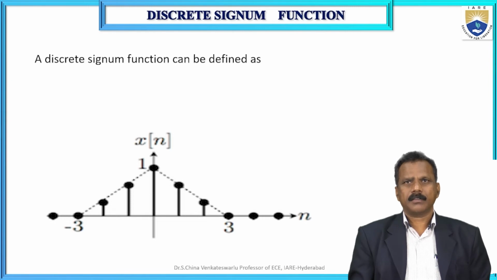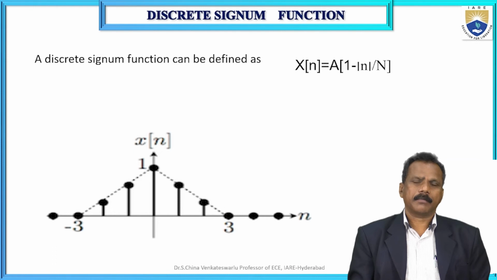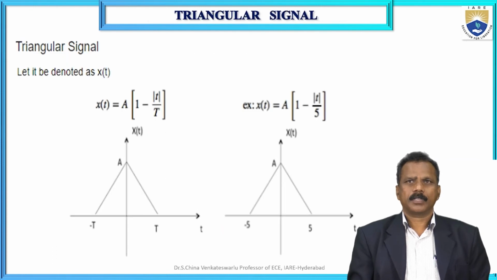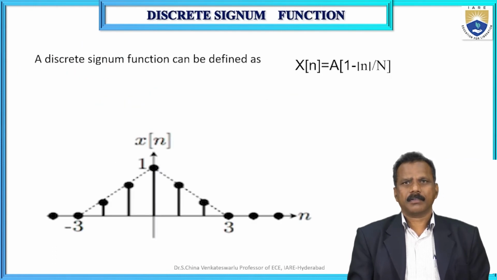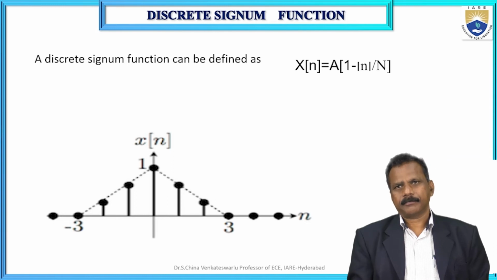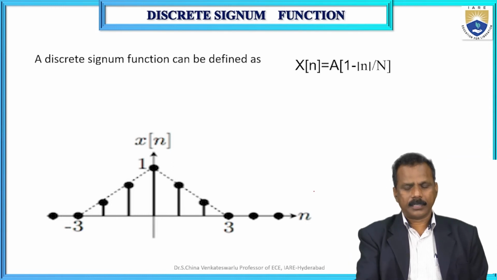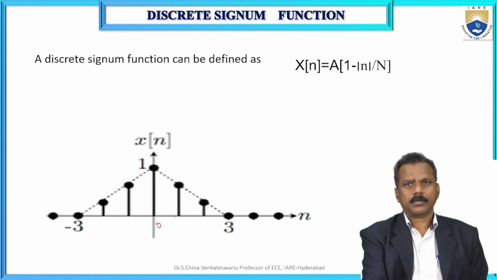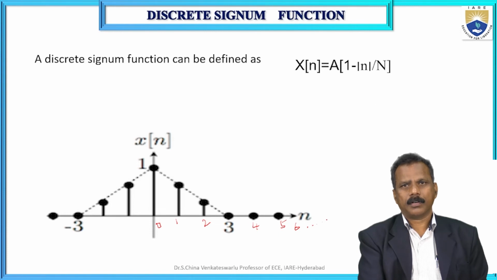Now the discrete signum function. The discrete signum function can be defined as x of n is equal to a into 1 minus mod n by capital N. It is represented graphically, n versus x of n. Here n is equal to 0, n is equal to 1, n is equal to 2, n is equal to 3, 4, 5, 6 and so on.